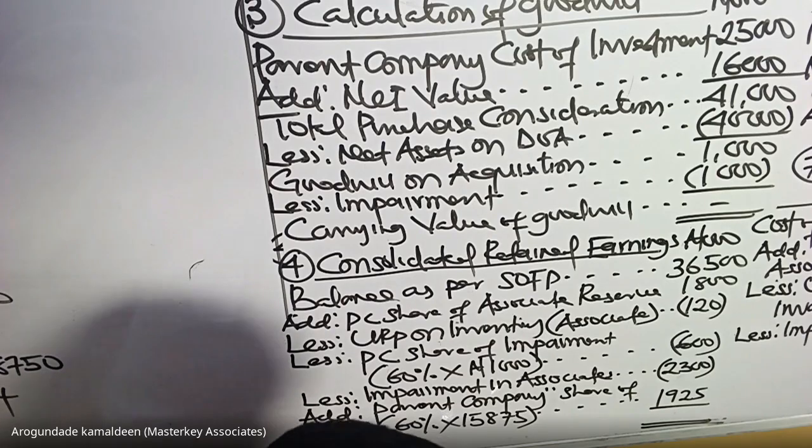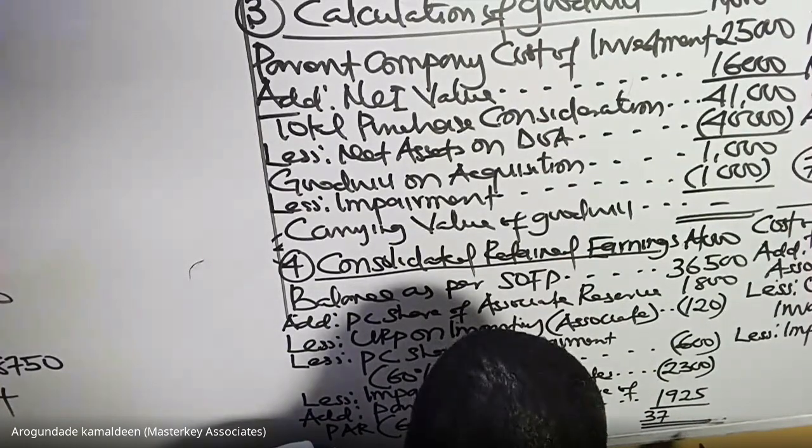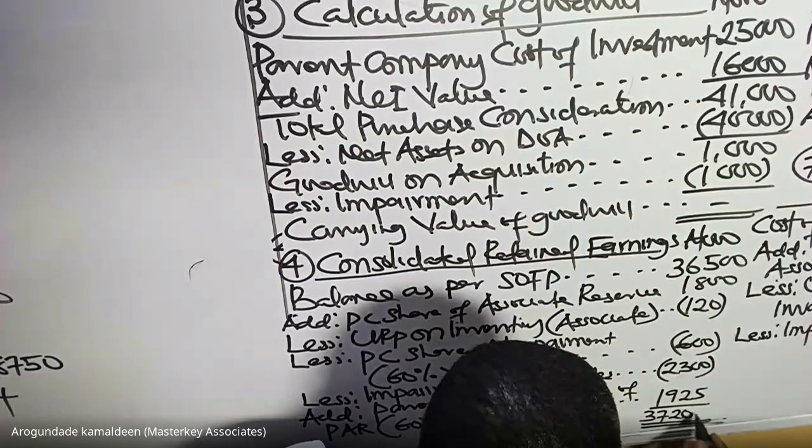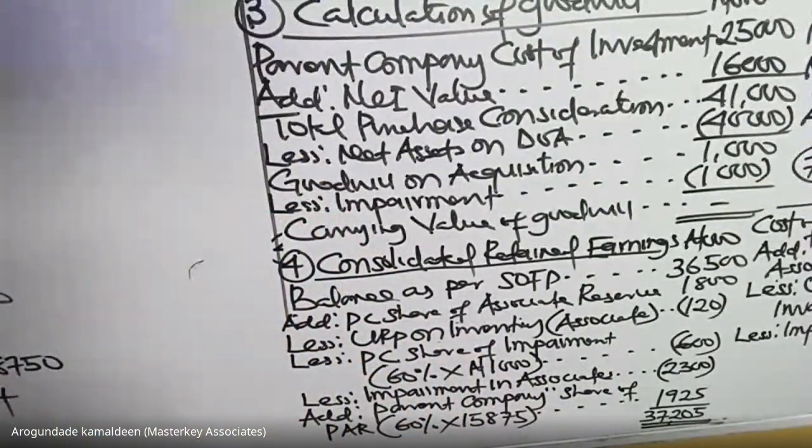Okay, class. 36,500 plus 1,800, minus 120, minus 600, minus 23, plus 1,925. Here I have 37,200. That is the adjusted retained earnings. Oh, that's 60%, 9,525, no 1,925.